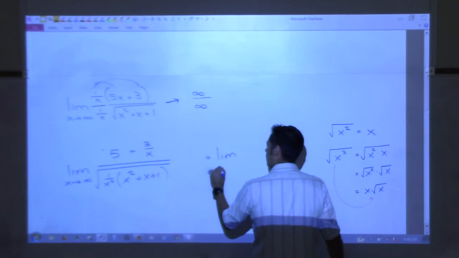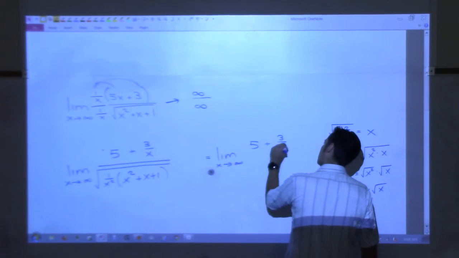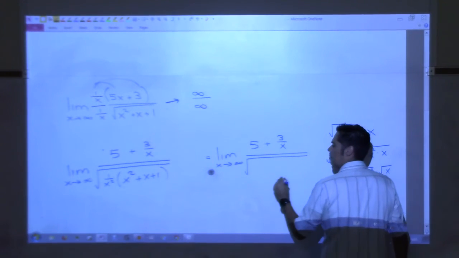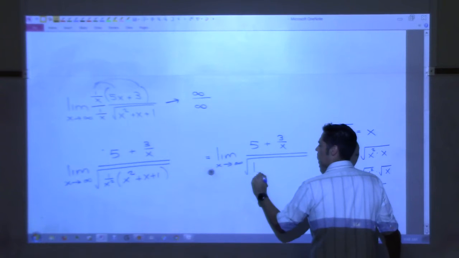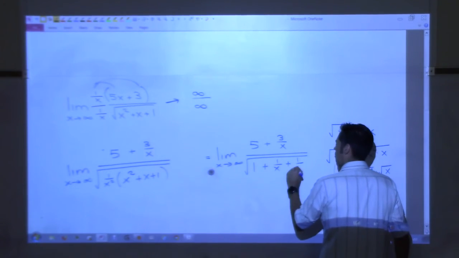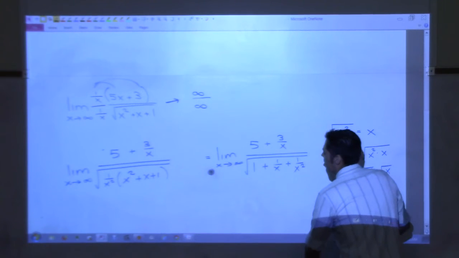Because that next step, what am I going to get on that first multiplication through? 1, right? Limit as x goes to infinity of 5 plus 3 over x over square root of 1 plus 1 over x plus 1 over x squared. Good. And now you may take the limit.